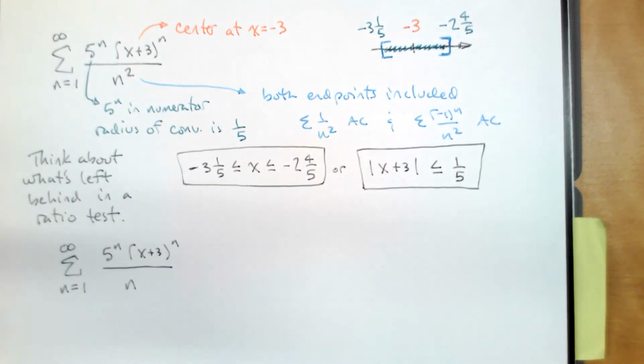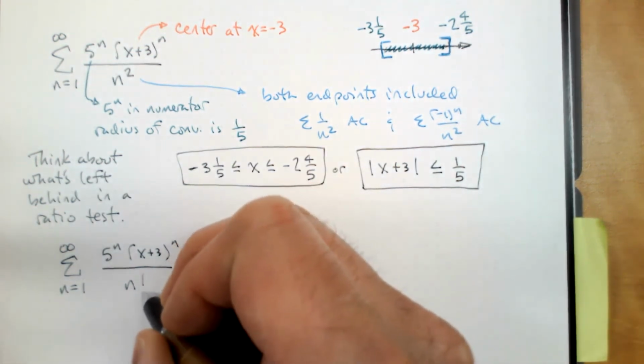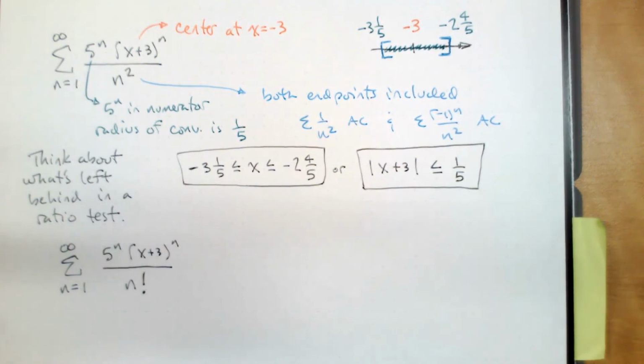So it starts off the same, 5 to the n, x plus 3 to the n. We're already thinking the middle is -3. Radius is going to be 1/5, but then we look in the denominator and it's not polynomial. There's a big factorial bomb sitting right in the denominator.